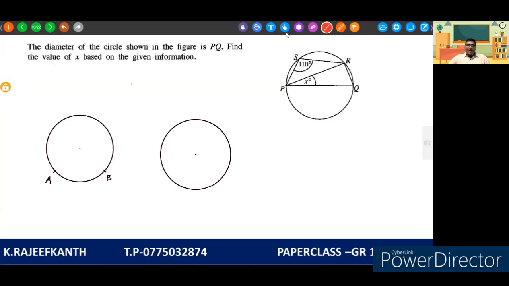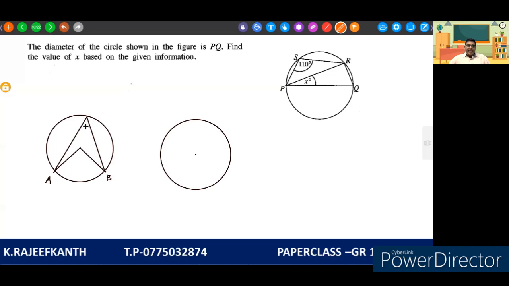The angle subtended by an arc at the center of a circle is double the angle subtended by the same arc at the remaining circumference of the circle.